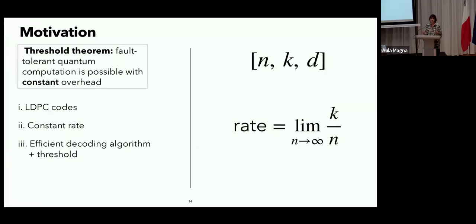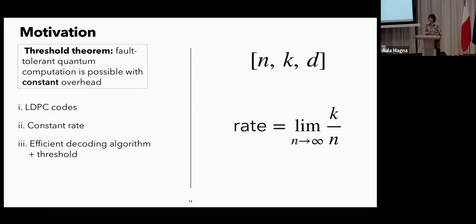You want the proportion between the physical qubits you spend and the logical qubits you are in theory using to be as small as possible, constant. And the threshold theorem says that that's possible.